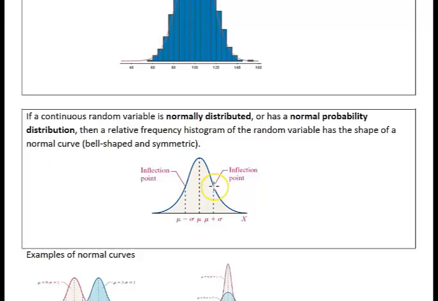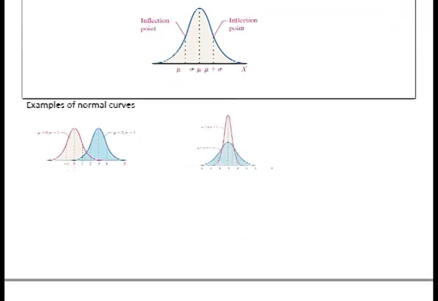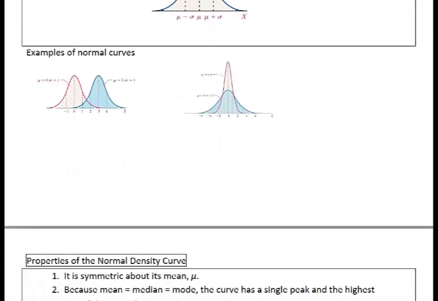And then from this inflection point on to the end, the curve now is opening up again. So that's what inflection point means. It means when you change from opening up to opening down. Like I said, we'll get into that a little bit more in a couple pages.